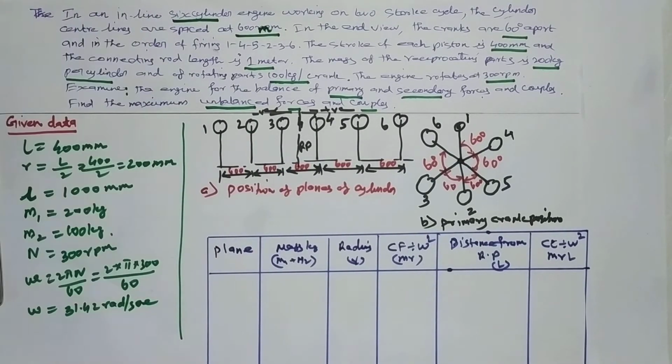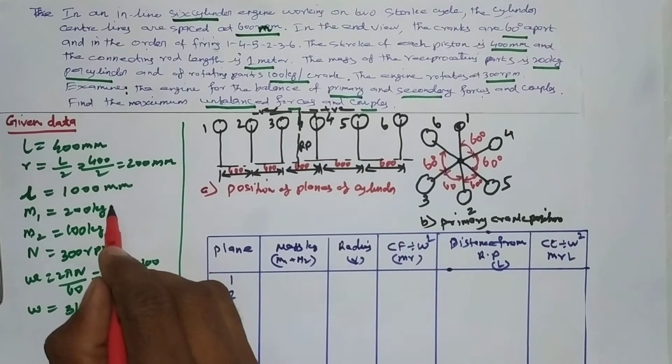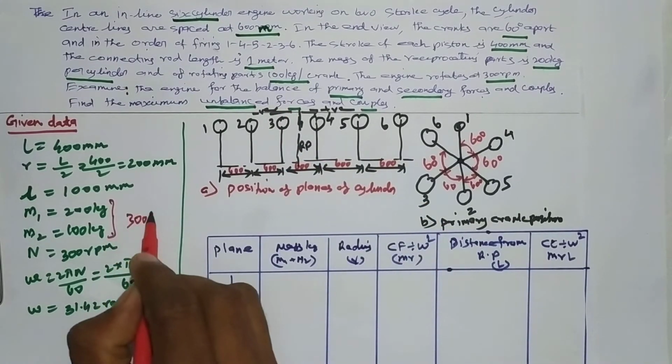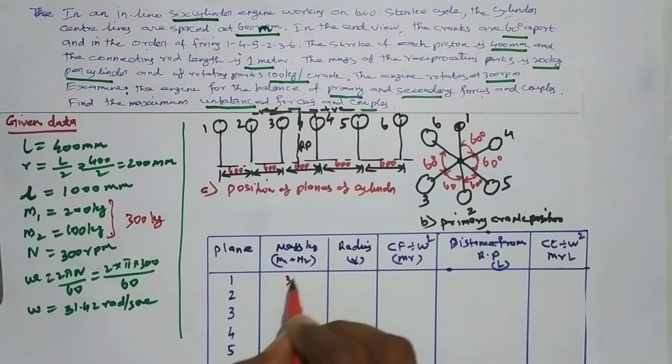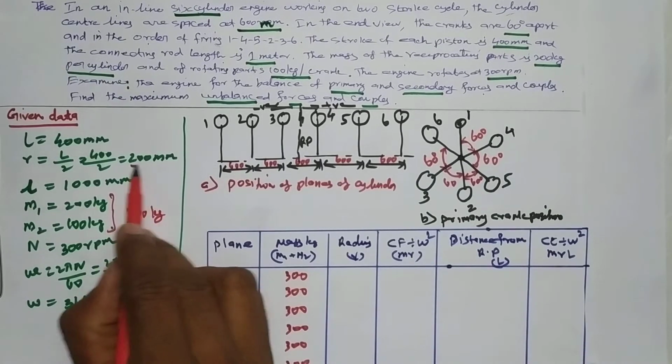How many planes? There are 6 planes: 1, 2, 3, 4, 5, 6. The total mass is 200 kg plus 100 kg, so it is 300 kg for each plane. The radius of rotation, you know, is 200 mm, as clearly given.